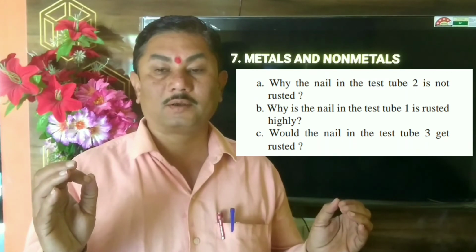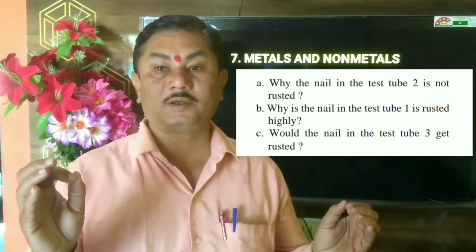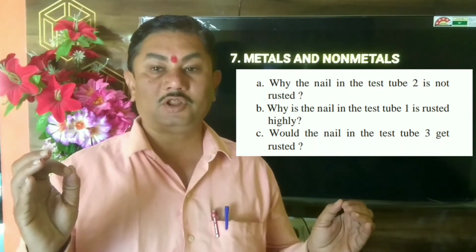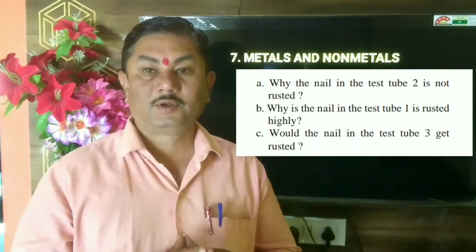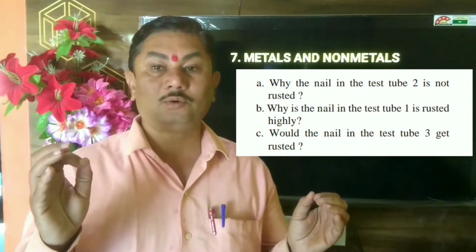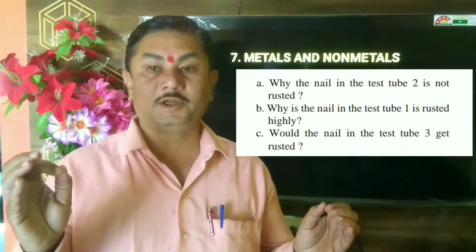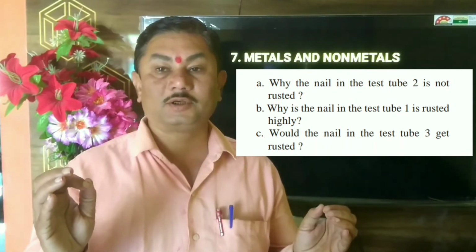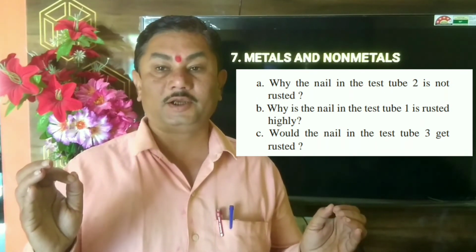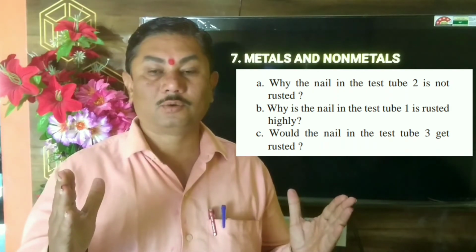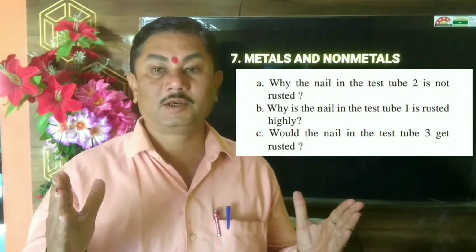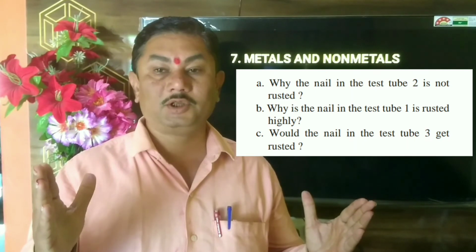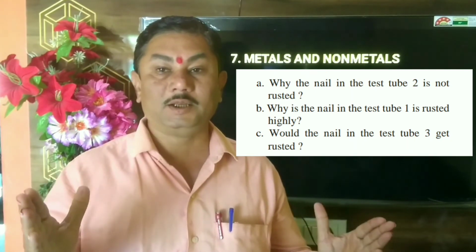Question number 1. Why is the nail in test tube number 2 not rusted? The nail in test tube number 2 is not rusted because oxygen is absent in the test tube. Question number 2. Why is the nail in test tube number 1 rusted highly?